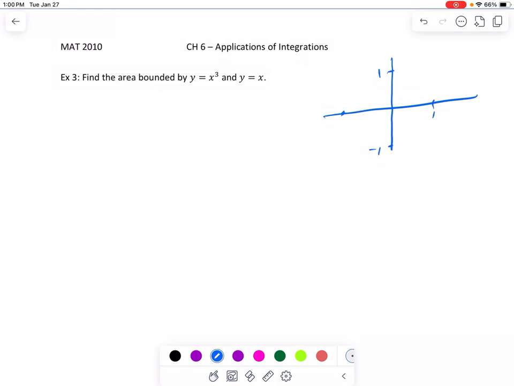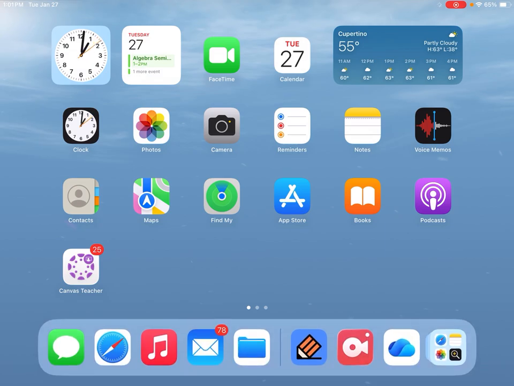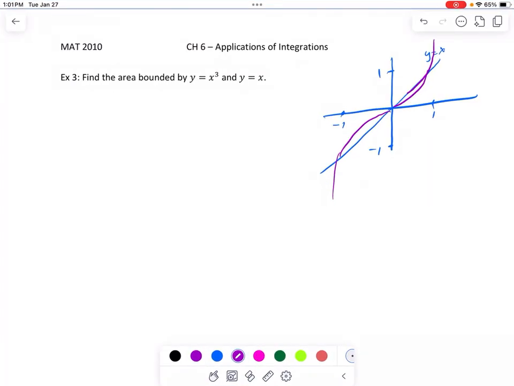So the line y is equal to x goes like this. The y is equal to x cube comes something like that. We have a small area over here and this same amount over here.